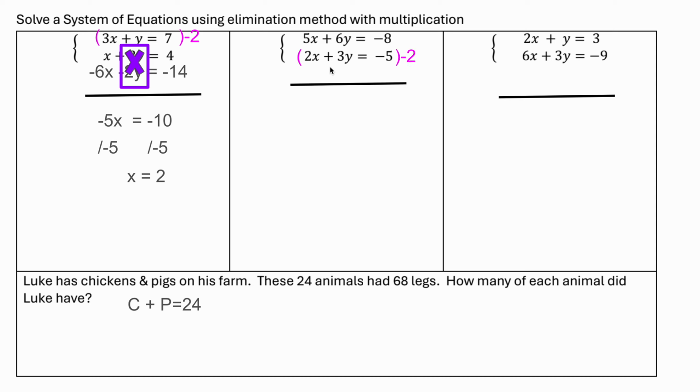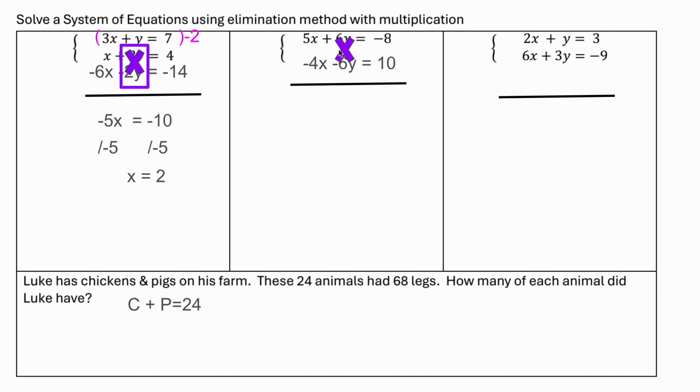So if I multiply the whole thing by -2, because if I multiply one of them, you have to multiply all of them. So -2 times 2x becomes -4x, -6y, positive 10. Okay, now I have my opposite.